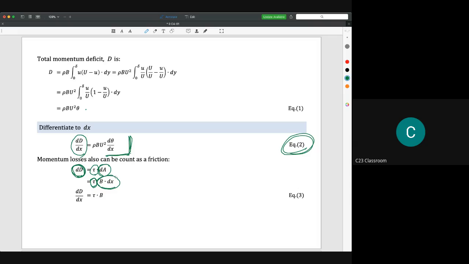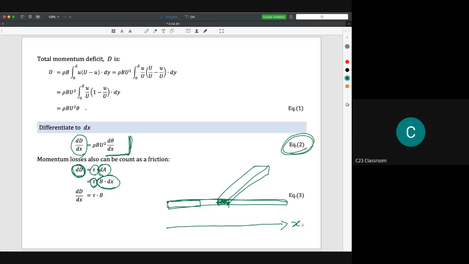So what does it mean? Let's say we have a very long plate like this one, and we just focus on one small area here. Let's say the area is 3D now, so this is the total x, the x-axis, and this is the dx. I think you could imagine this.